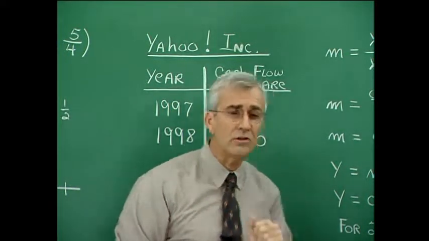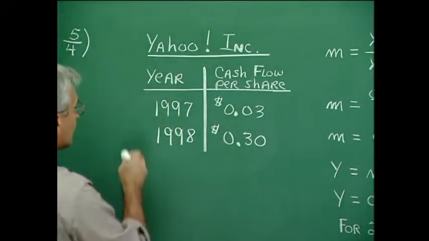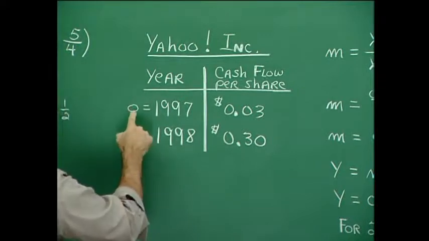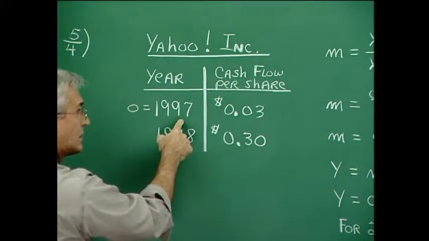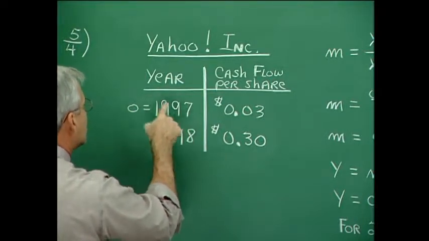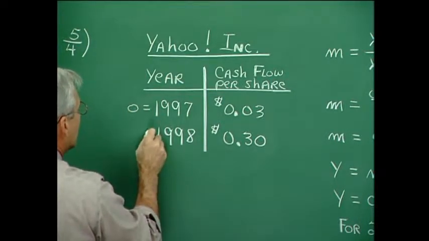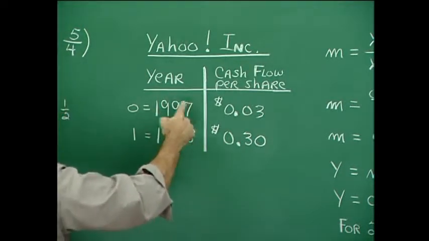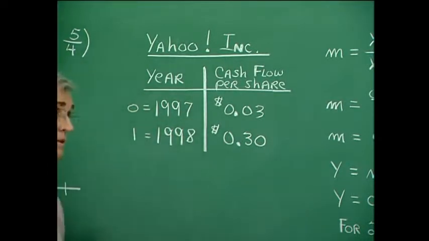The information is beginning at the year 1997. So let's let 0 stand in for that year. That is, let our basis year be 0, or the number associated with 1997 be 0. And therefore, the number associated with 1998 is 1. So now, instead of dealing with these big numbers, we can deal with rather simple numbers.